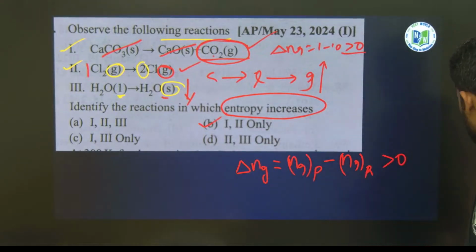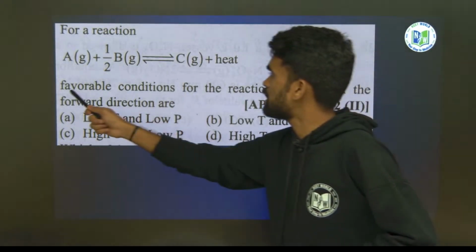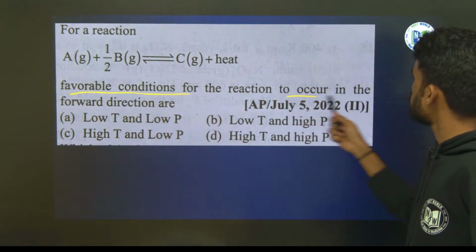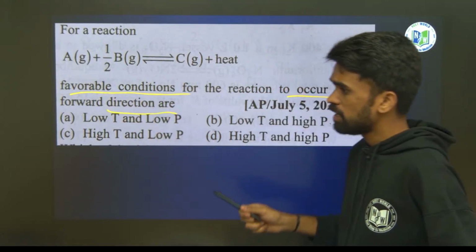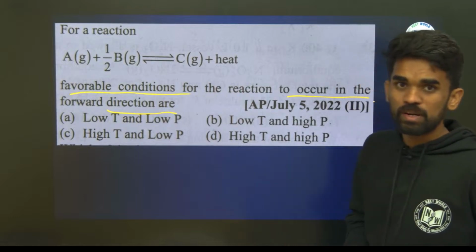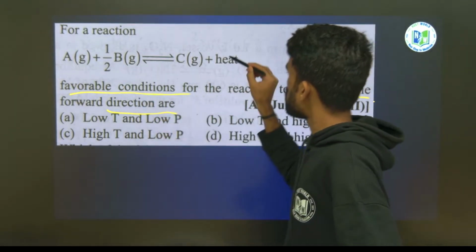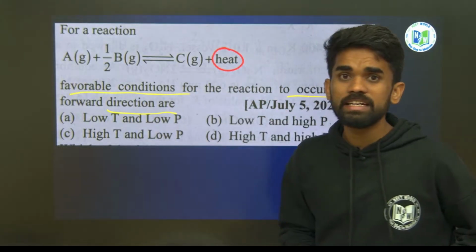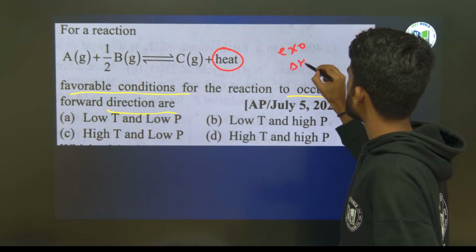Next. Tell me the favorable conditions for this reaction to occur in the forward direction. This is the reaction given, and it has to move forward. What is a favorable condition? From Le Chatelier's principle you can answer this. During the process heat is released, which means it is an exothermic process. Delta H is negative.